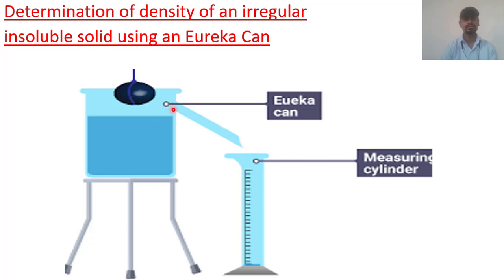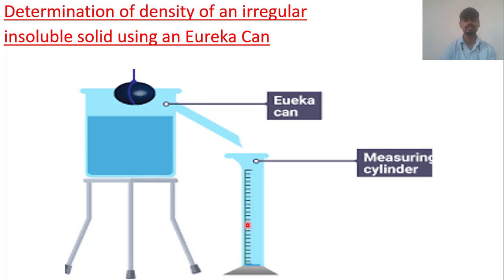Now this extra water which has risen up because of the presence of the solid will overflow from this pipe, and we will collect it in the measuring cylinder. So whatever the reading is in the measuring cylinder, that will be the volume of this particular solid.